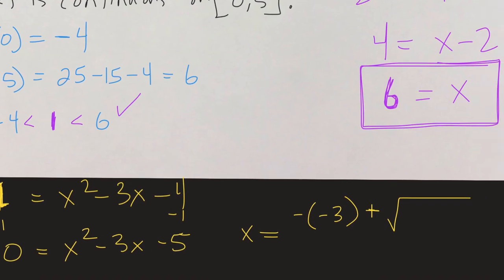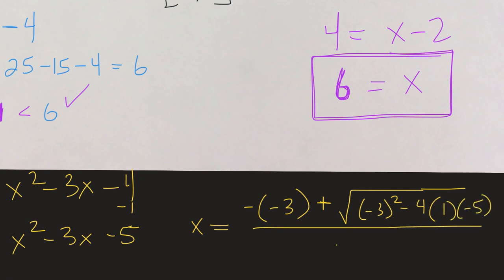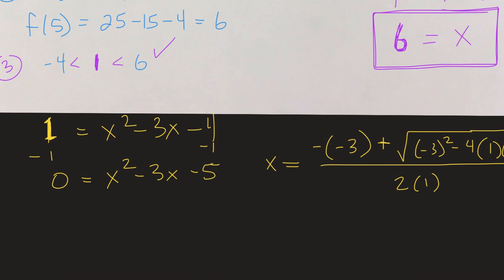Plus the square root of -3 squared minus 4 times a, which is 1, times c, which is -5, all divided by 2 times a, which is 1. Remember, a is your x squared component, b is your x component, and c is your constant.